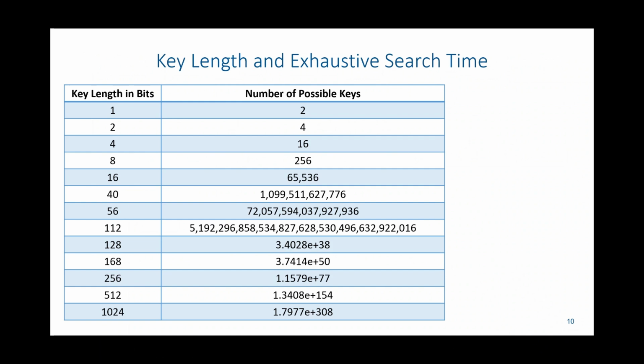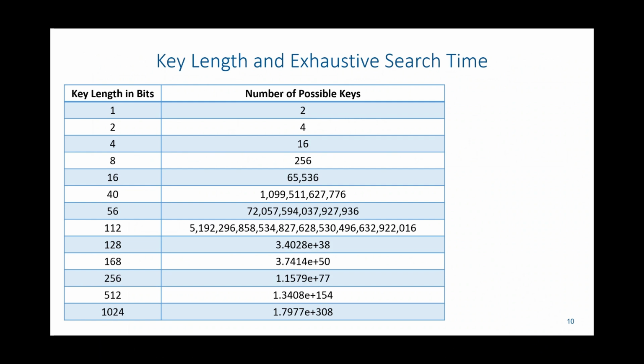So with every bit that we have, it's going to increase the number of possible keys by a power of 2. The bit is binary, meaning it has an off or an on position. So if you have one bit, it's going to be 0, 1, so there are 2 possible keys. If you have 2, it's going to be 4. 4 is going to be 16, so it's 2 to the power of the length of the bits in the key.